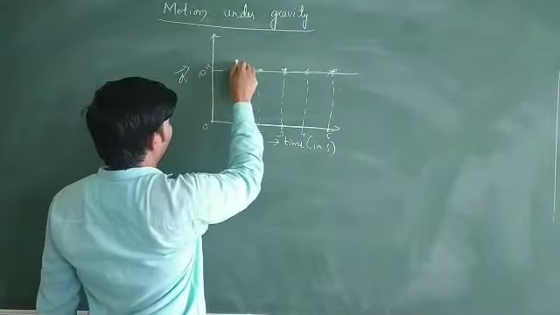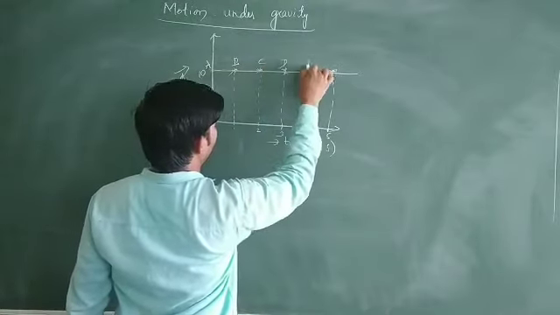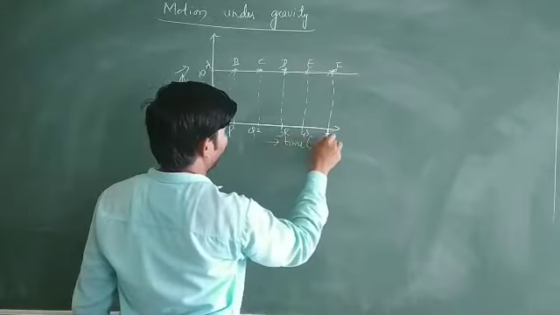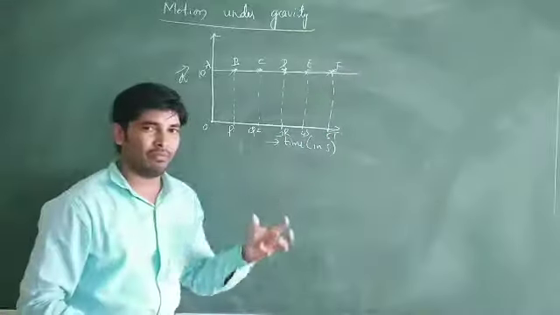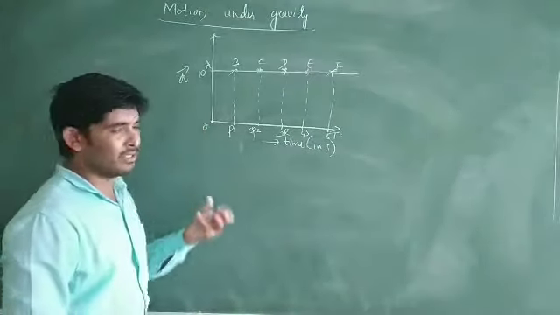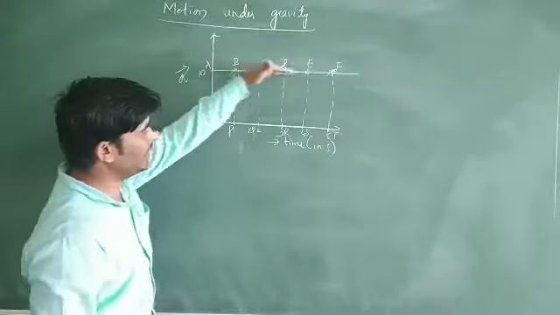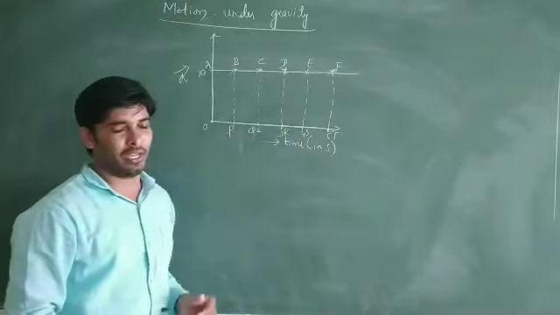See, these points are A, B, C, D, E, F, and these are P, Q, R, S, T. Now from this acceleration time graph, we need to find the velocity first, by finding the area enclosed between this straight line and the time axis after each second.